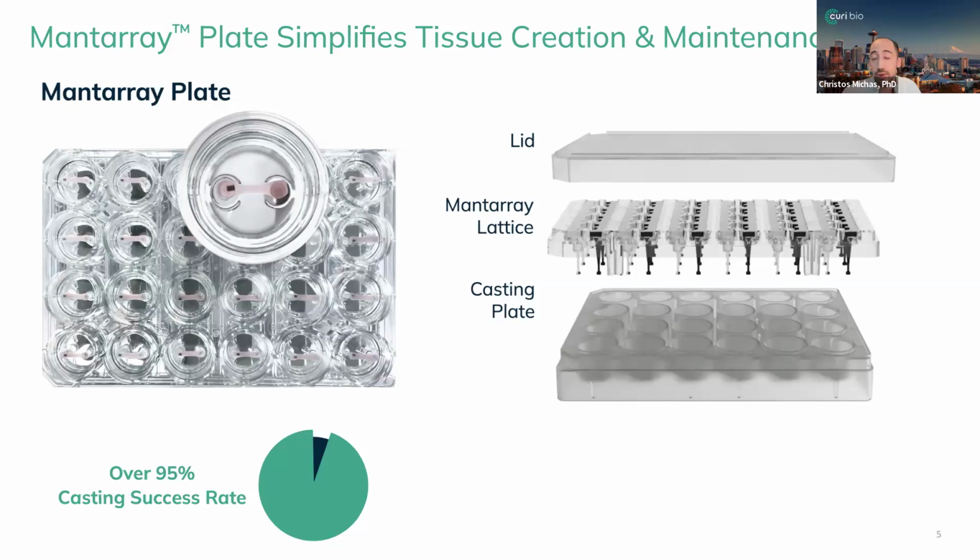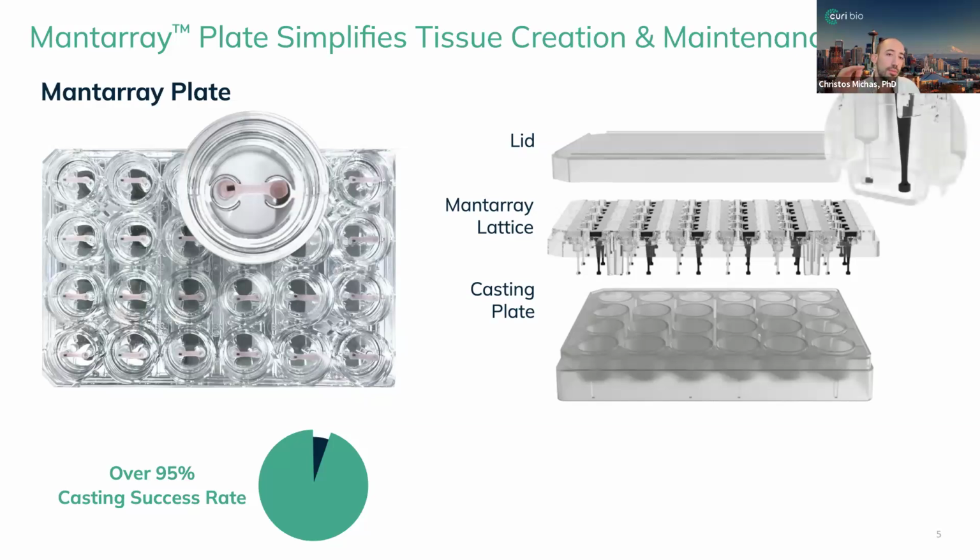So if you look at the Mantarray plate, you will notice that there is a Mantarray lattice. That is a set of 24 pairs of posts from which the tissues are suspended. And with the Mantarray plate as well, you're going to get the casting plate, which helps you cast or create the tissues.